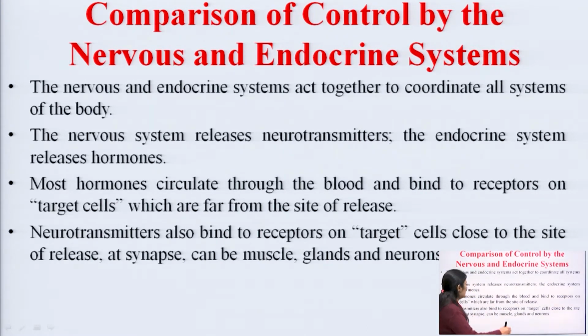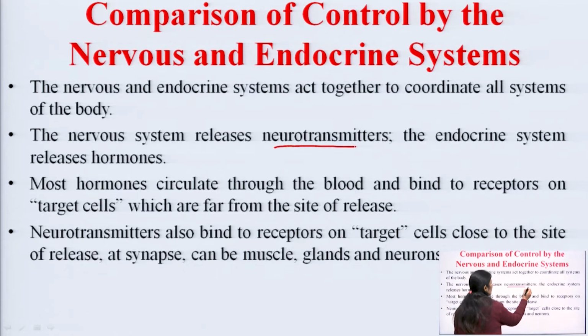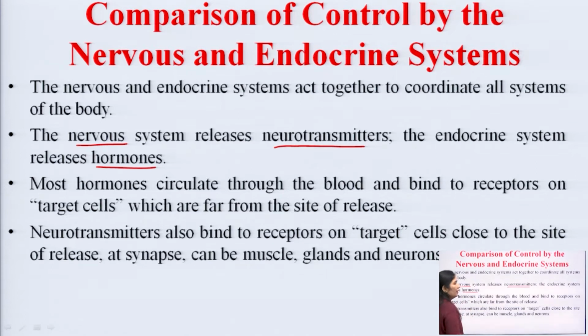The nervous system releases neurotransmitters while the endocrine system releases hormones. Hormones circulate through the blood and bind to the receptors on the target cell, which are far from the site of release.